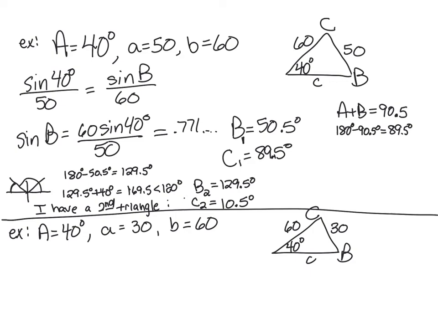Notice that the 50.5, the triangle looks like this. For C2 and B2, this side right here is actually over here, and angle B is really big, angle C is really small.